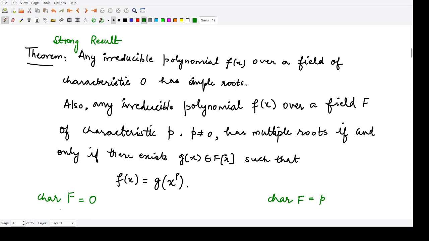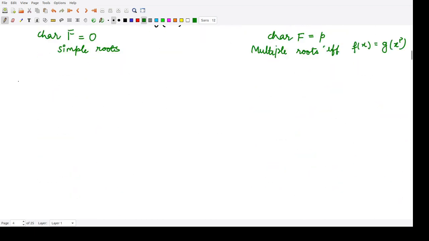So in this case, you would have simple roots, and in this case, you will have multiple roots, if and only if the polynomial would be of this kind, g of x raised to power p. So let us see the proof for this theorem.